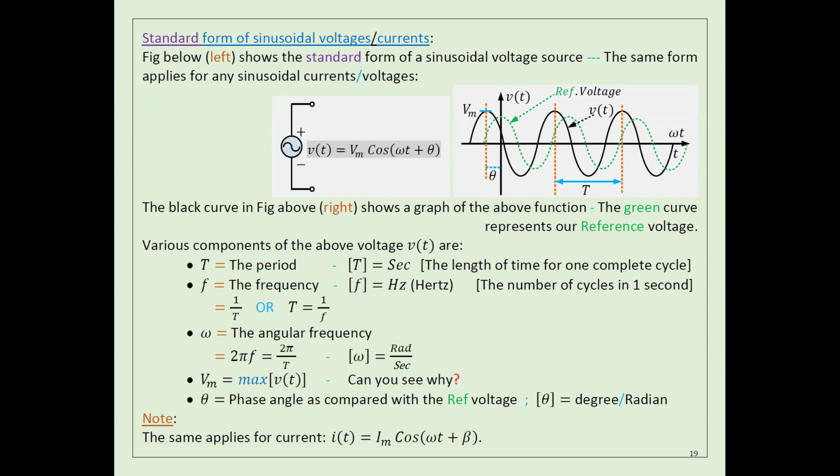This one sometimes we call theta V. So we have theta for V, theta for I. And as you will see, sometimes theta here is the same as theta here. Sometimes they are different. It depends on the element, as I will explain. But anyway, I can represent the voltage using cosine this way or sine this way.